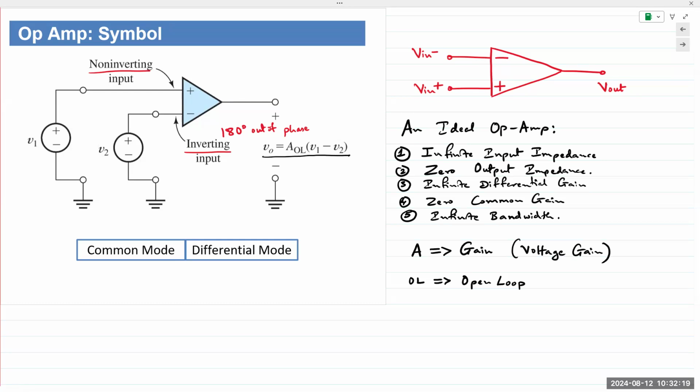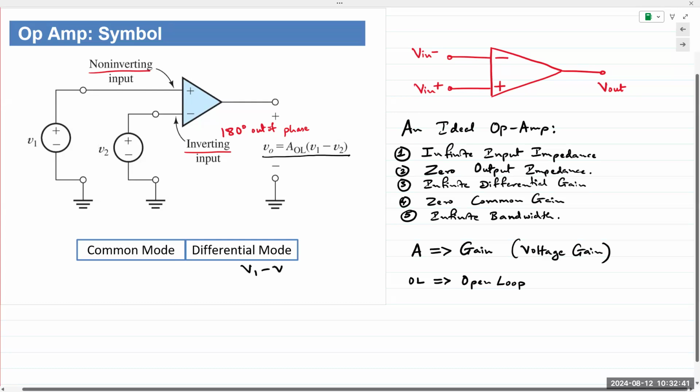Open loop in the sense the output is not connected back to the input. And then the difference between the two, V1 minus V2, is amplified to a very high level. Okay, so V1 minus V2 is differential mode, right?